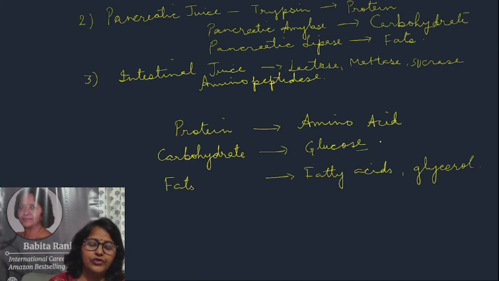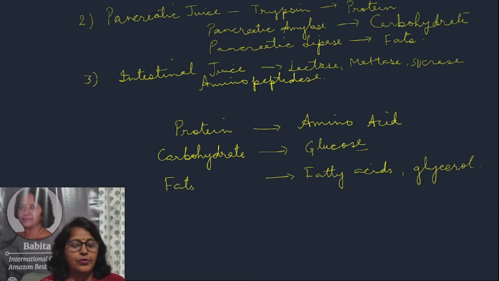We have other isomers of glucose also, like fructose and galactose, but you can remember glucose for now. So digestion is complete: protein is converted into amino acids, carbohydrate into glucose, fats into fatty acids and glycerol.